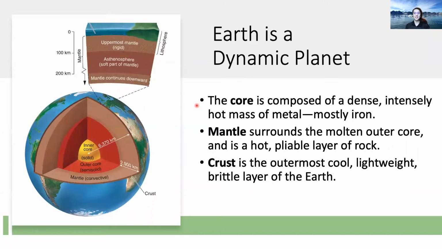So we know that the Earth is a dynamic planet. We also know that the Earth has several layers on the interior. Basically, Earth is a layered sphere. There are several different layers, but by and large, we can break it up into three main layers here. The core, or the interior of the Earth, is composed of dense, intensely hot metals, mostly iron, ranging thousands of kilometers in diameter.